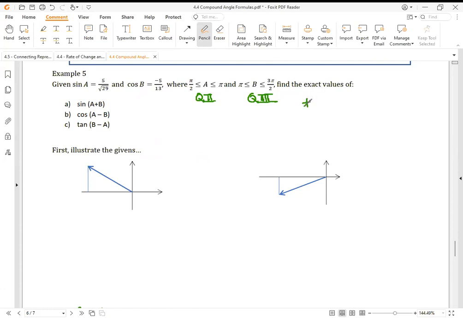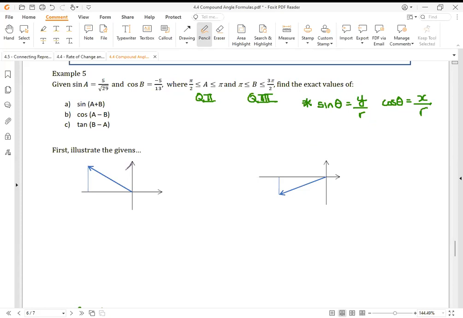Please remember, if you have a ratio, you have all three sides of the triangle. If you have sine of an angle, you know that it means y over r. If you have cosine of an angle, you automatically know that it's x over r.